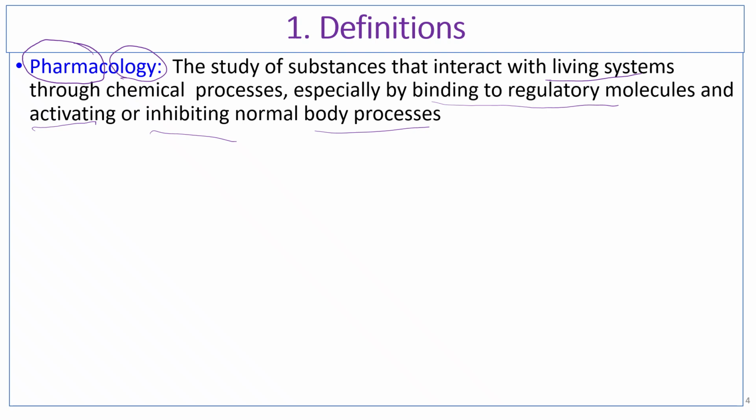For example, if you have increased blood sugar, that's abnormal, so you have to inhibit that increase in blood sugar. For example, if you have hypoglycemia, low blood sugar, you have to activate some systems like gluconeogenesis and glycogenolysis to bring the blood sugar to normal. So that's what pharmacology is: it modulates body functions. You want to increase or decrease to maintain normal function.